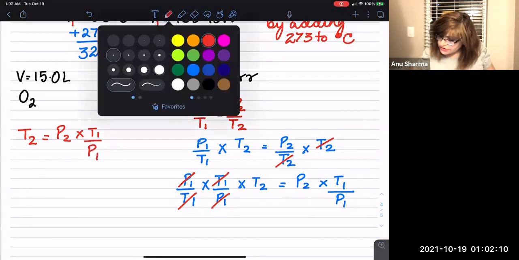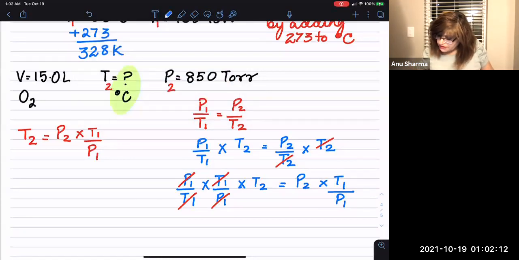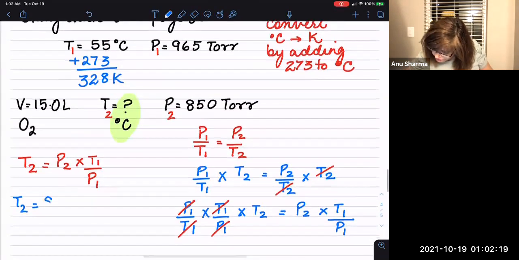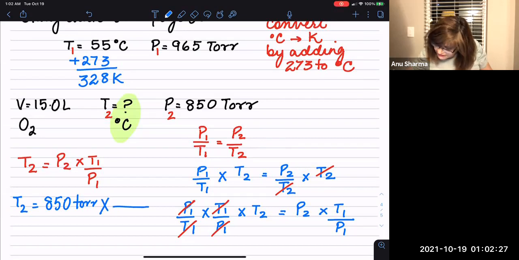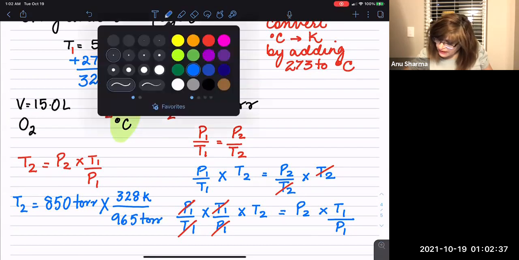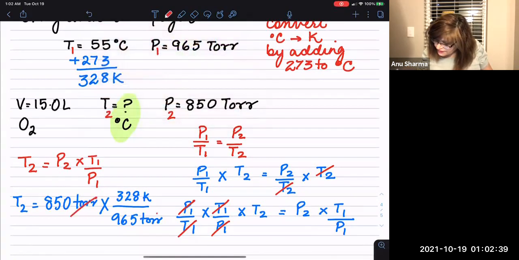Now plug in the numbers: T2 is equal to P2, which is 850 torr. Since they are torr and torr, it's the same, it doesn't matter. Then comes T1, which is 328 K, over P1, which is 965 torr. So the torrs cancel out and we have these numbers.